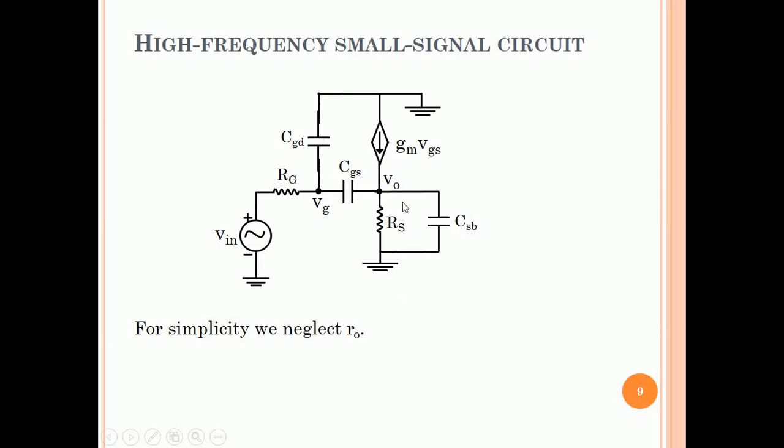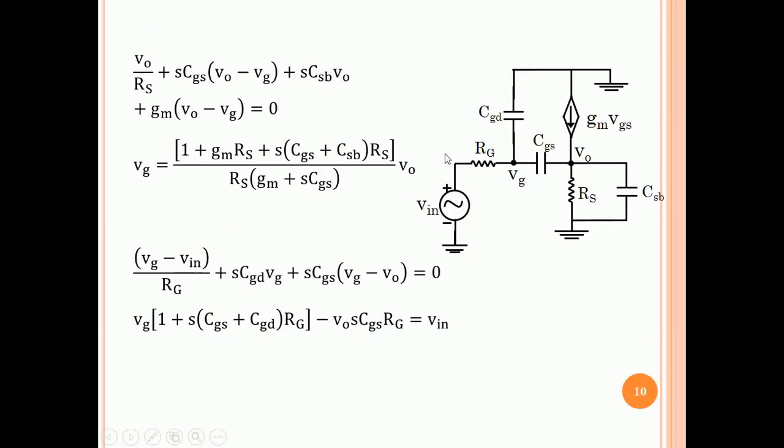Alright, so here are the capacitances. There is a CGD from gate to ground, CGS between the input and the output, and CSB from output to ground. Output of course is at the source. So again there are two nodes, so we write two nodal equations. Let me quickly go through them.